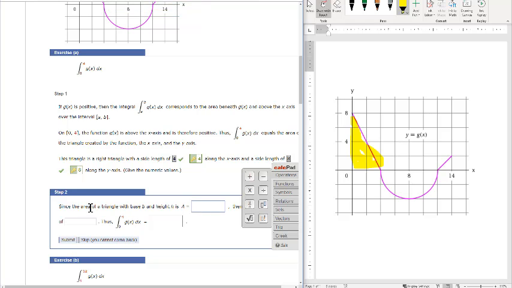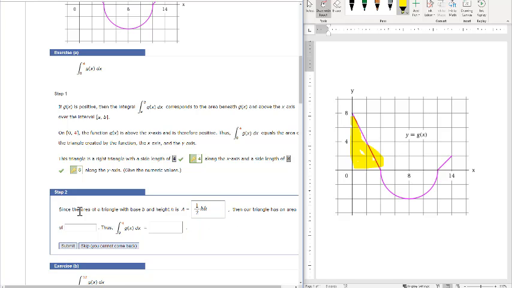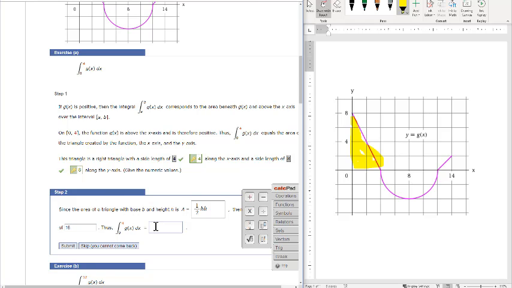The area of a triangle is 1/2 base times height. Then the triangle has an area of 1/2 times 4 times 8. So 4 times 8 is 32, divided by 2 is 16. So this integral is going to be equal to 16.